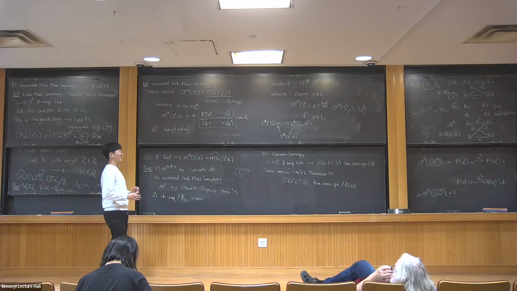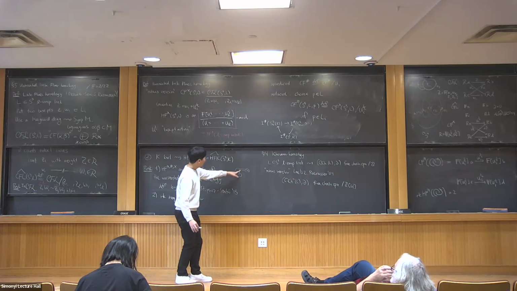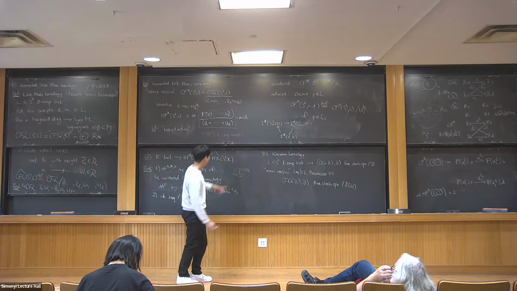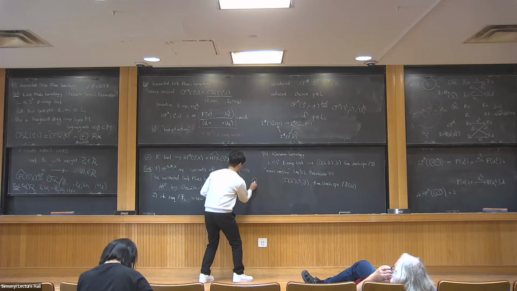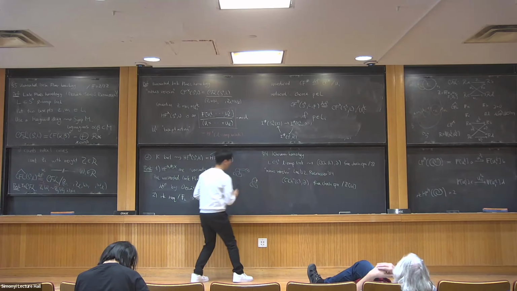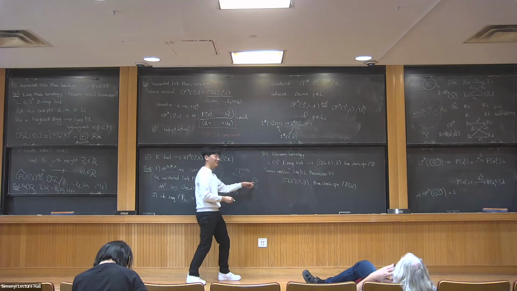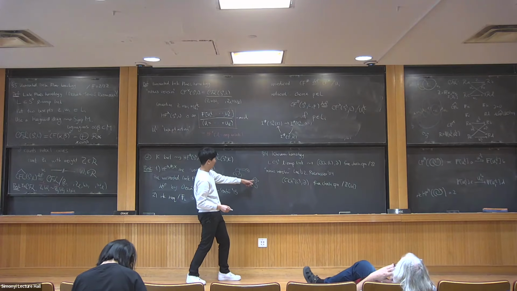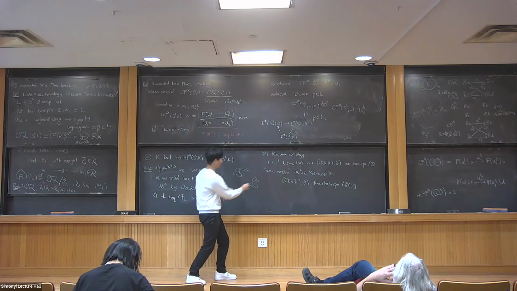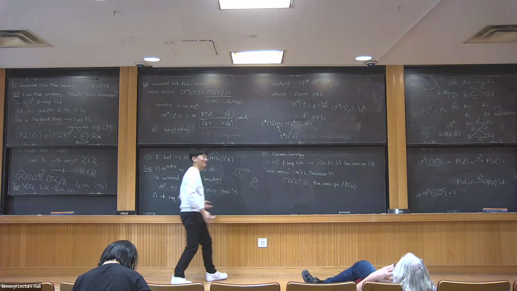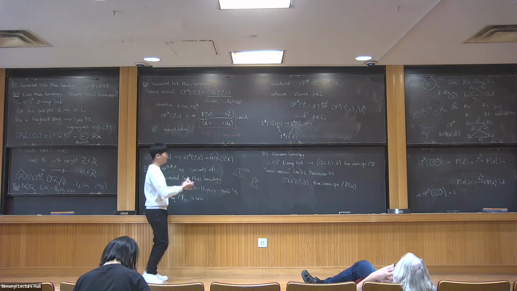So maybe one way of thinking about it is, if you have a distinguished base point like this, then they consider this meridional component, and then they do instanton Floer homology of this.